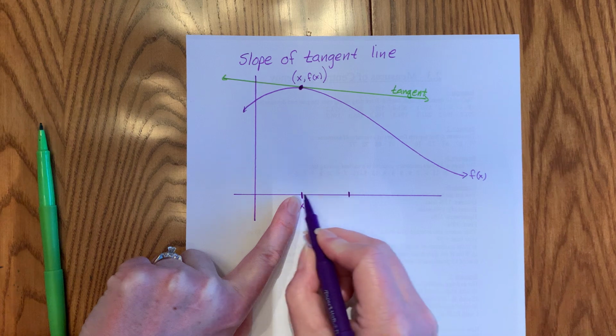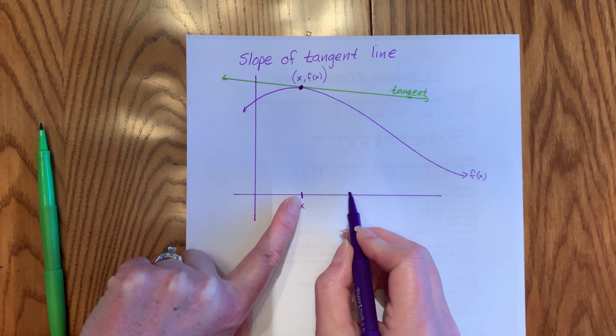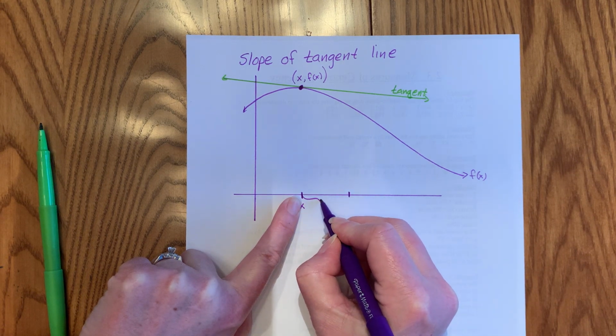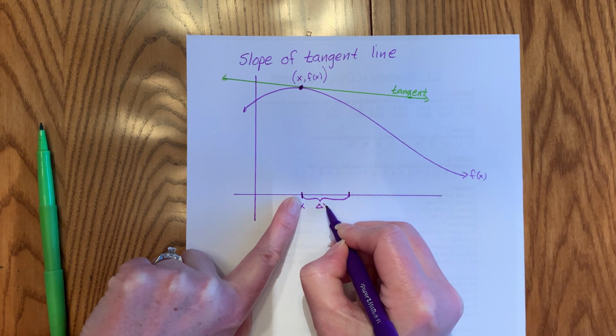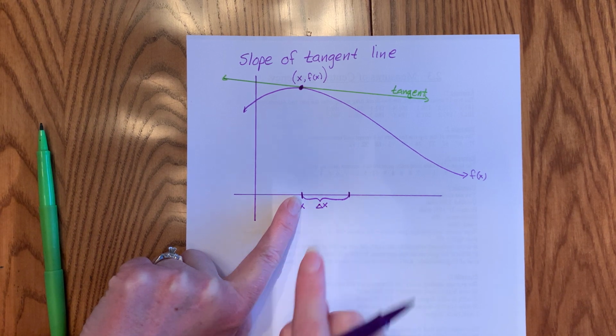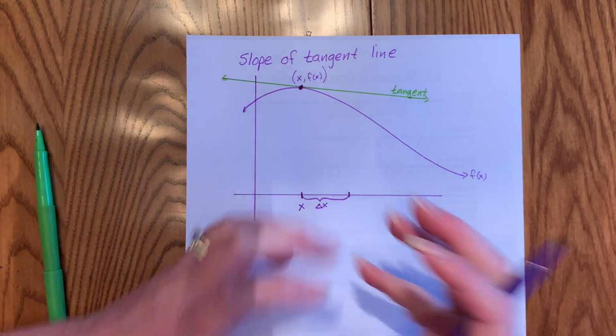So this right here is a horizontal change, a small change in x. We can call that little gap delta x, the Greek letter delta and an x. Now let's be clear, delta x is not 2 variables, it is a single entity.